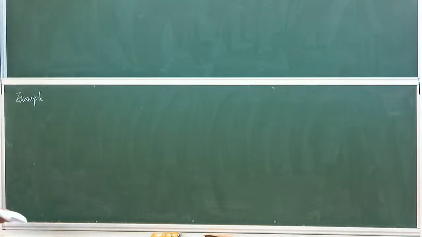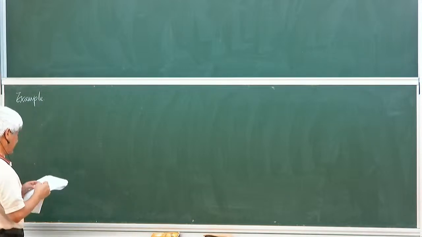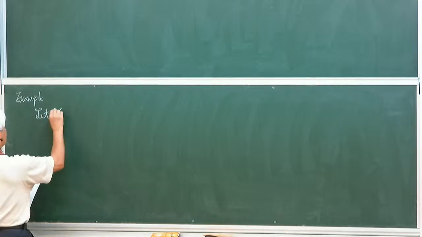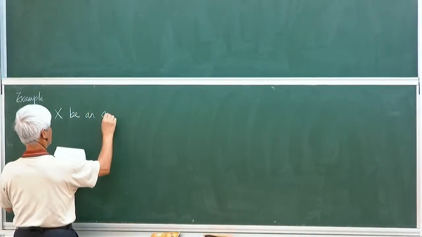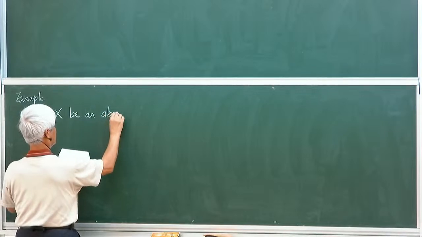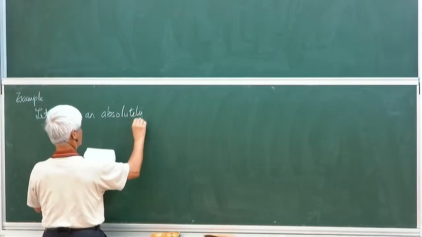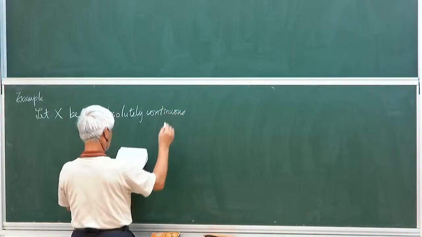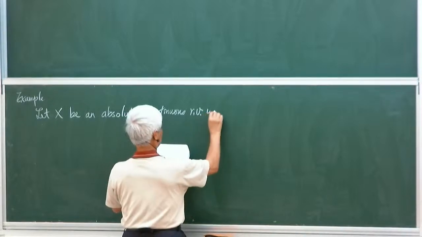Okay, so we take an example of an absolutely continuous random variable. Let X be an absolutely continuous random variable with a PDF.